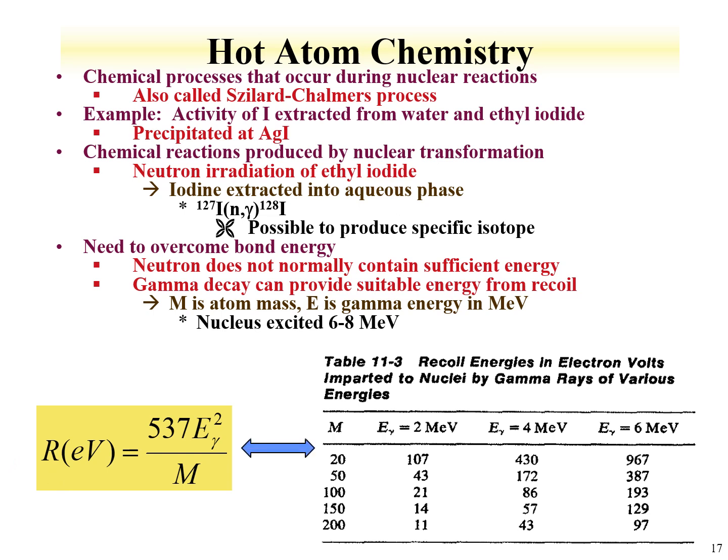And if we look here at the table that's taken from Nuclear and Radiochemistry, we get the recoil energies in electron volts imparted to nuclei by different gamma energies for different masses. And remembering that we don't need that much energy, depending upon the gamma energy, to achieve a breaking of a chemical bond, since chemical bonds are only on the order of tens of electron volts.